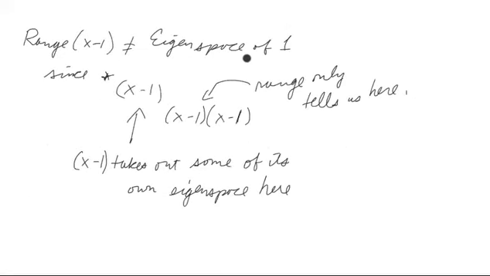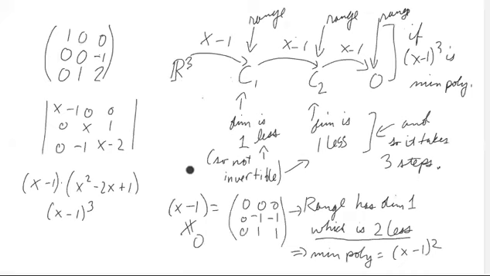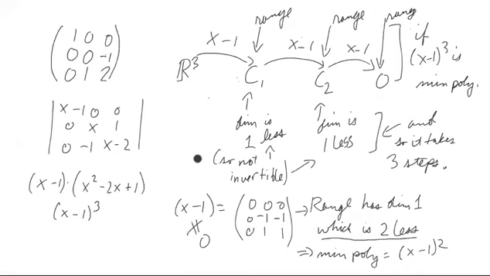Okay. Notice that the range of x minus 1 is not the eigenspace of 1. However, this happens sometimes when we have just something raised to a power and that's all we have.